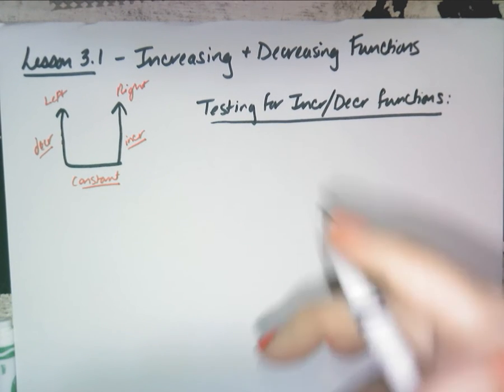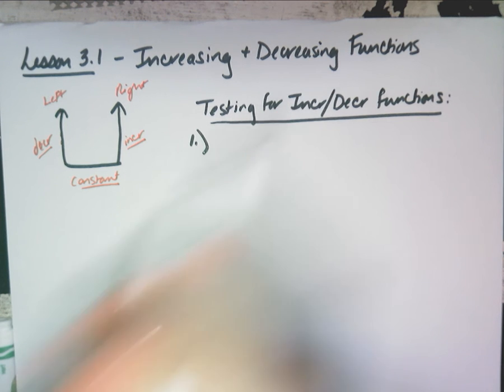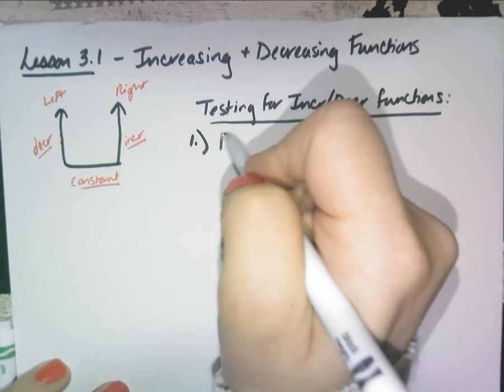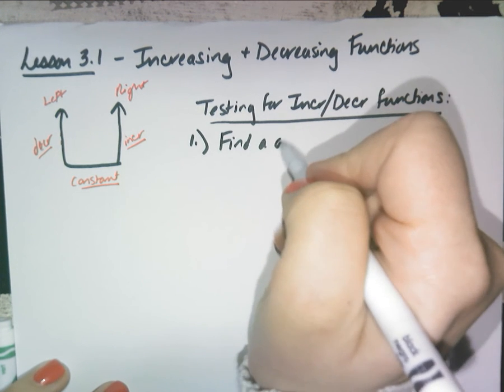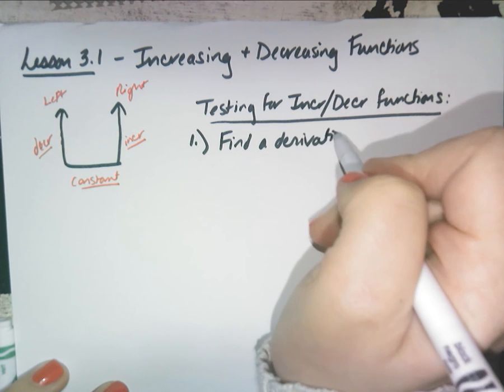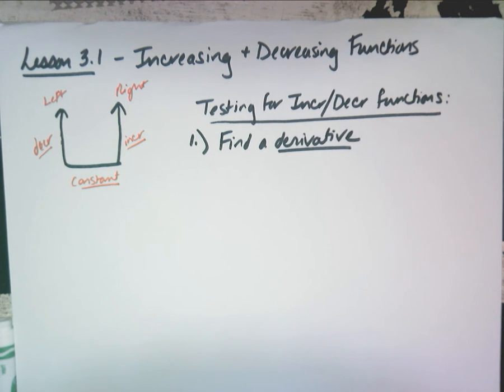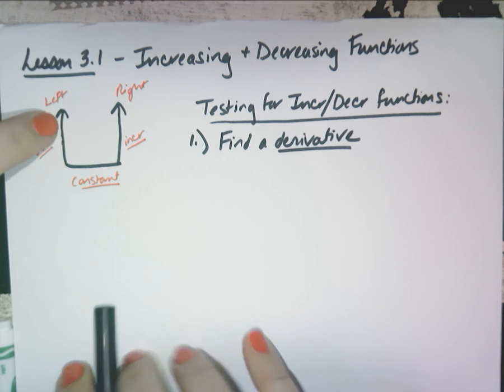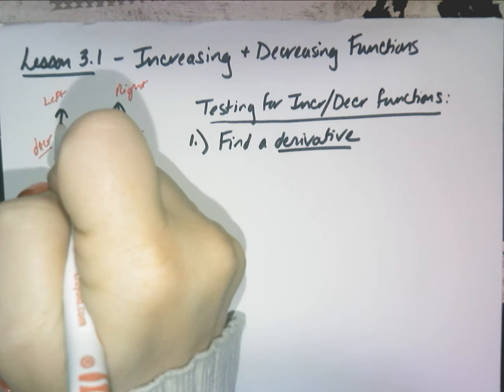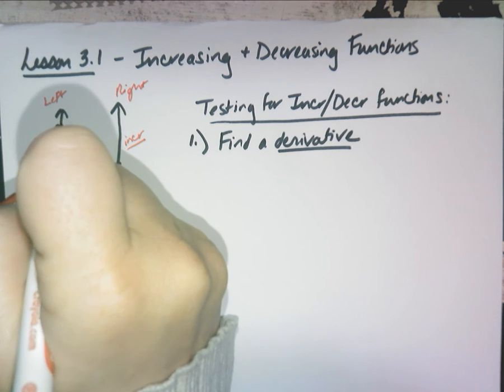All right, so step number 1, obviously, we're going to find a derivative. Why is that? Well, remember, derivative is the slope. If I were to take the slope right here at this point, if I were to draw a tangent line at that point, what would be my slope?